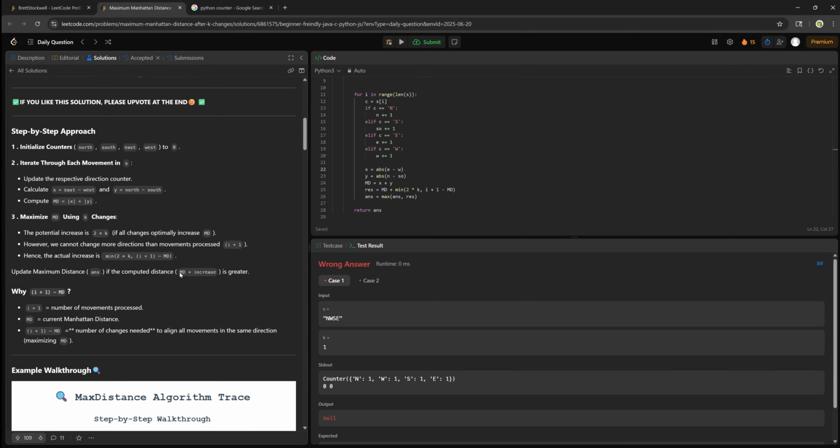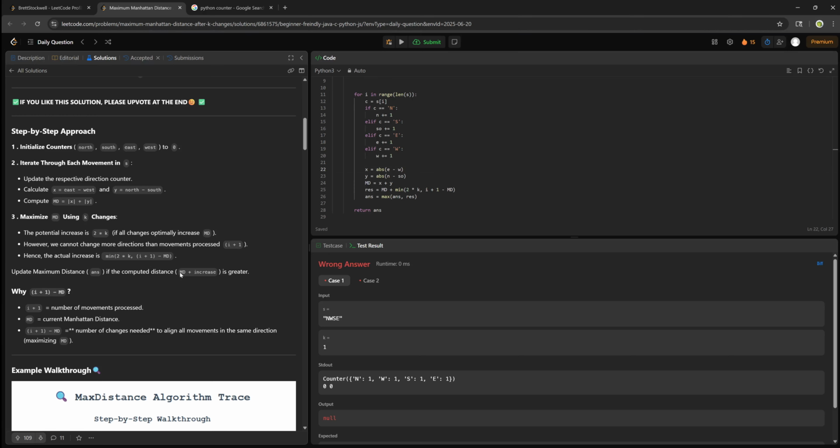The potential increase is 2 times k if all changes optimally increase MD. However, we cannot change more directions than movements processed, I plus 1. Hence the actual increase is 2 times k, or I plus 1 minus MD. I plus 1 is the number of movements processed. MD is the current distance.